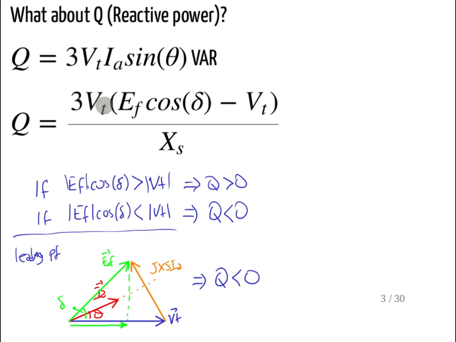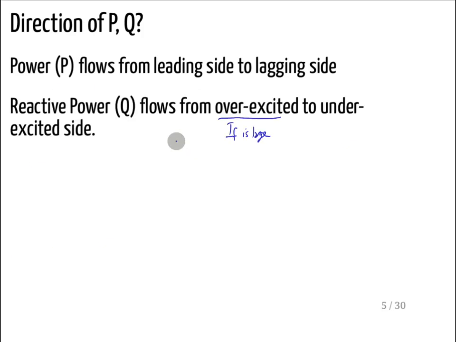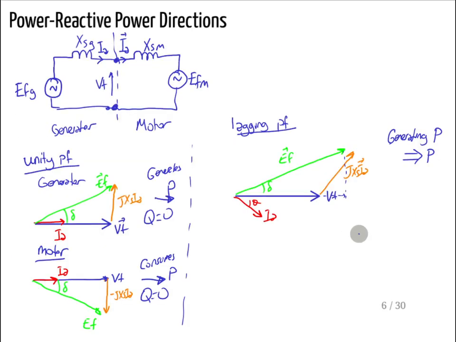That's positive, and again you can see it from here. This is EF cos delta minus VT, that area, so Q is larger than 0, so this one supplies reactive power, supplies Q.